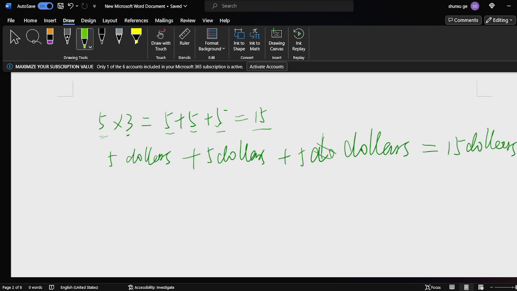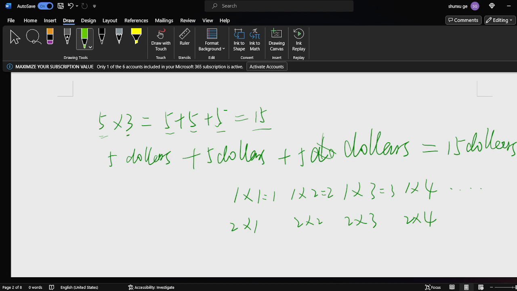It is like 1 times 1, 1 times 2, 1 times 3, or 1 times 4. 1 times 1 is 1, 1 times 2 is 2, 1 times 3 is 3. Then 2 times 1, 2 times 2, 2 times 3, 2 times 4. Such like this. So you should not change to addition every time you want to find a solution.